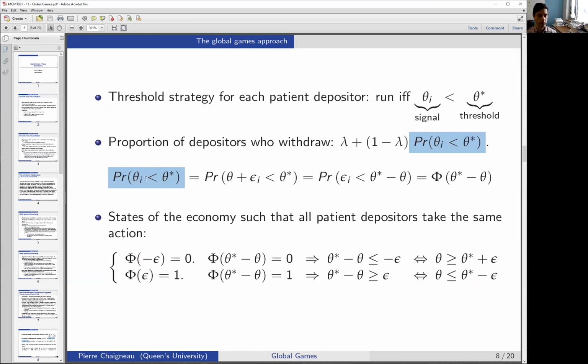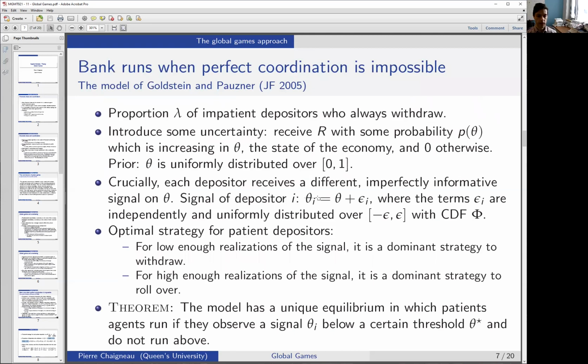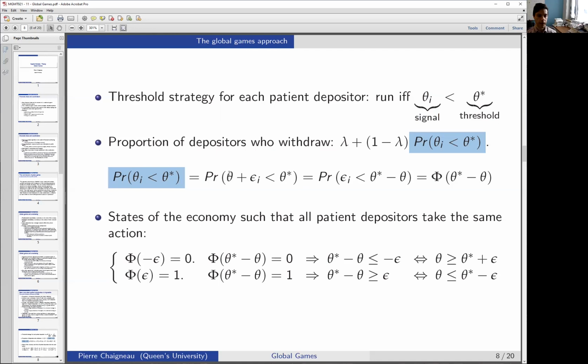To calculate this probability, we're going to substitute for the expression for the signal in this expression. So theta I is equal to theta plus epsilon I. This is what we have here. And now when we have an expression like this, we want to isolate the random variable. Here the random variable is epsilon I. We throw everything else on the other side of the inequality.